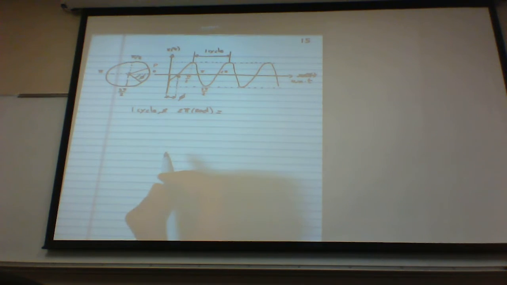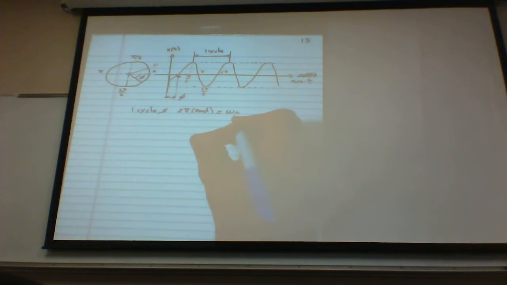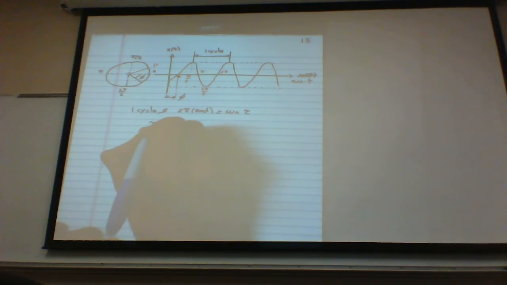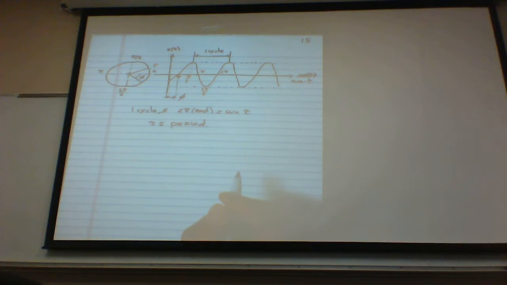radians. And how are you going to specify the amount of time that this is taking? It's going to depend on the velocity at which the angle changes, no? So that would be what? Omega n times what is called here tau, the period. So tau here will be the period.